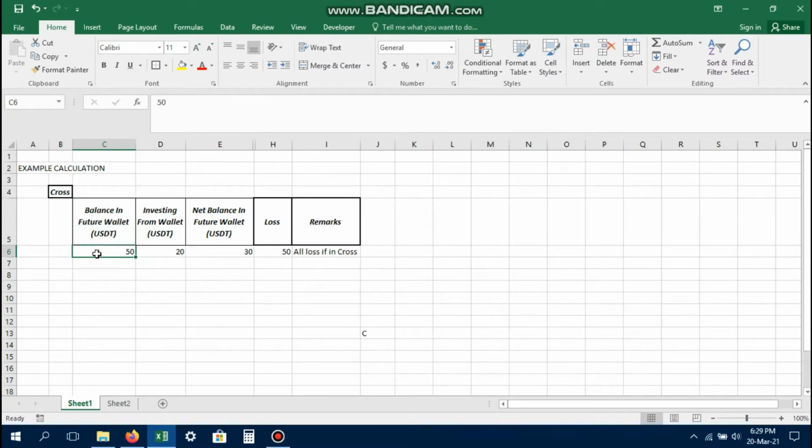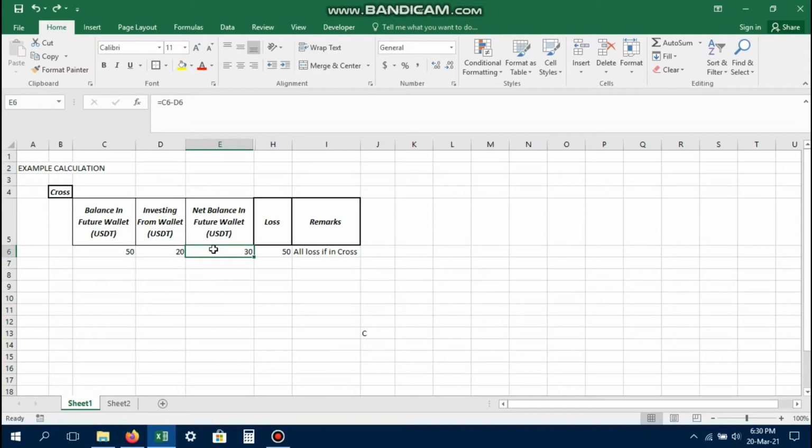For example, you have $50 in your wallet, you invested 20. Now 30 is still balance in your wallet, but if you get the loss, then your net balance, everything will be zero. You think that you have 30 in your balance, but if the coin price comes exactly to the liquidation price, then you will be in loss and your net balance will be zero.